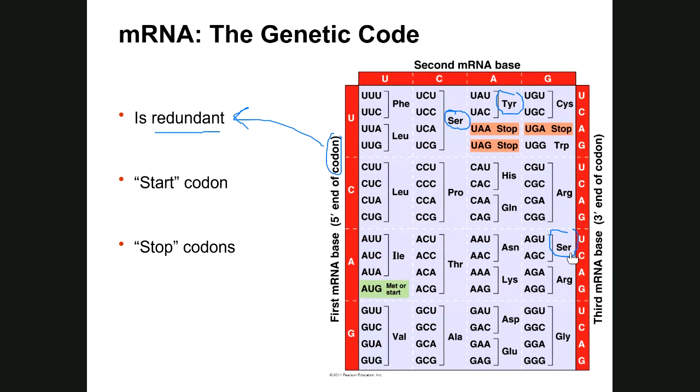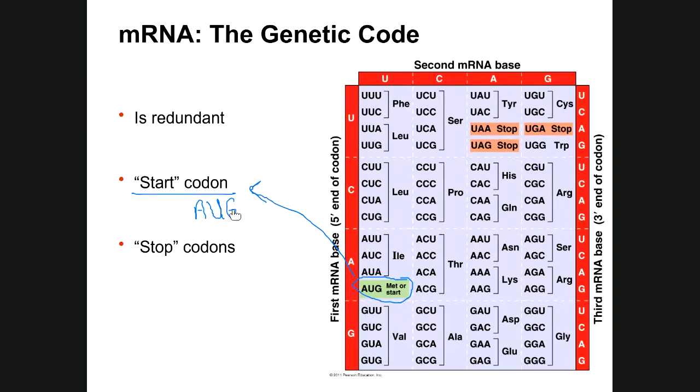Okay. Now, is this true for all codons being redundant? No. There is only one codon that they call a start codon. That codon is down here. There is a codon simply called AUG, adenine, uracil, and guanine. So you have 3 RNA nucleotides.